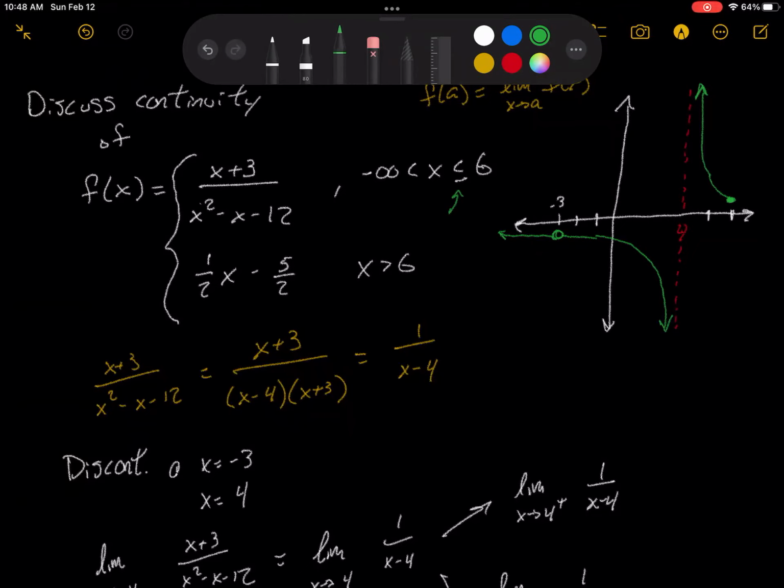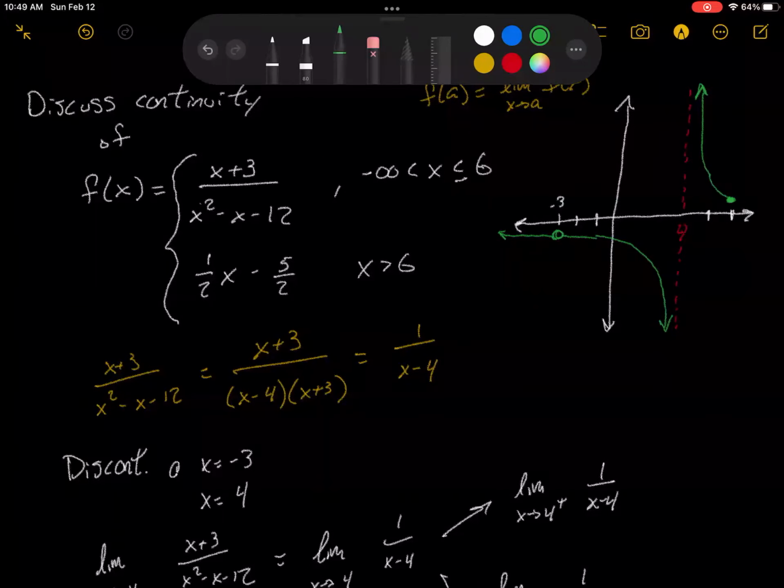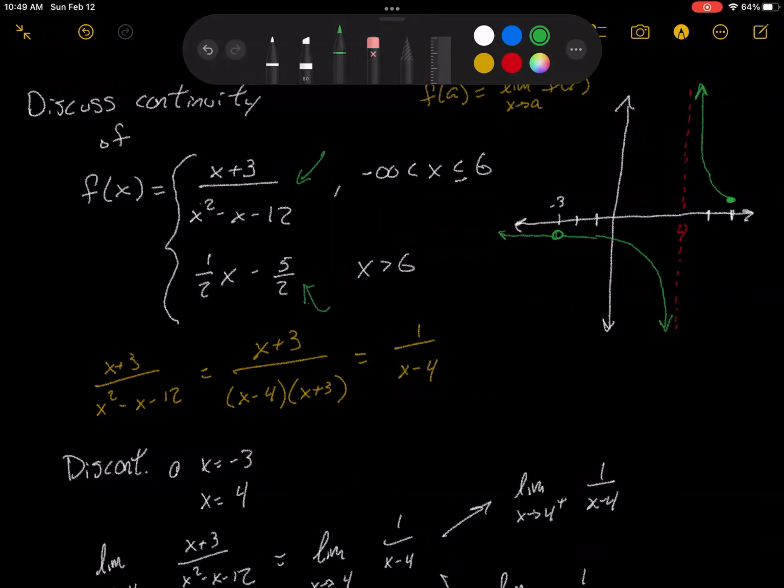But where else might my function be discontinuous? So we've already talked about the discontinuities of that first part. We know the second part is a straight line. It's not going to have any discontinuities. But the question is, maybe this function and this function don't agree at the value of 6. Right?